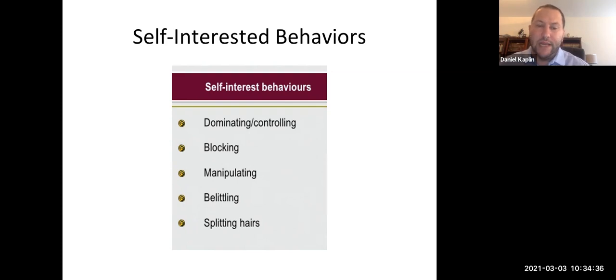And then splitting hairs is, you might have people who argue all over things, but it's based on such a granular level, such a small, minute level that, in the grand scheme of things, it doesn't matter. But they're picking at little things, or splitting hairs. So they're going to such a granular level to create discord.